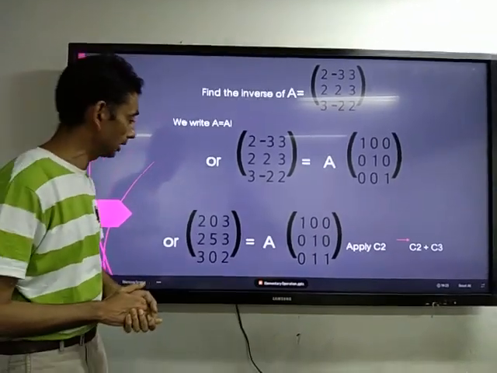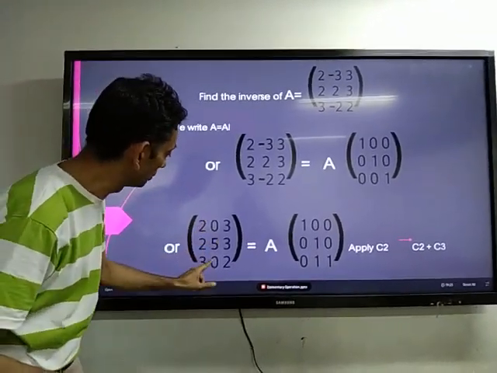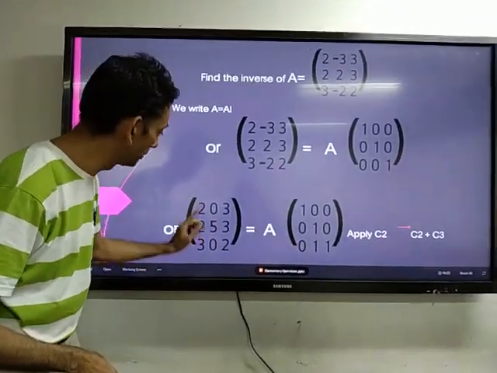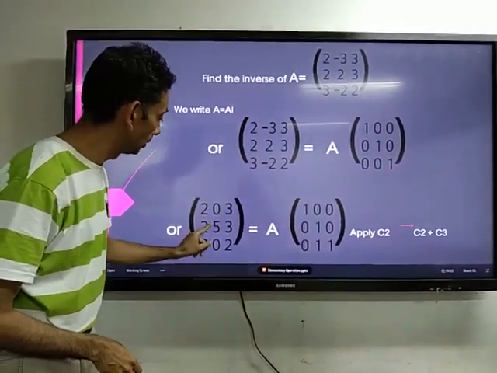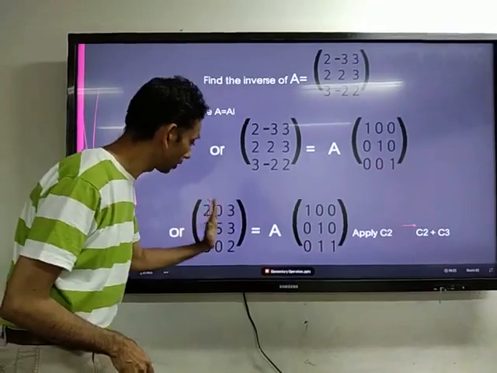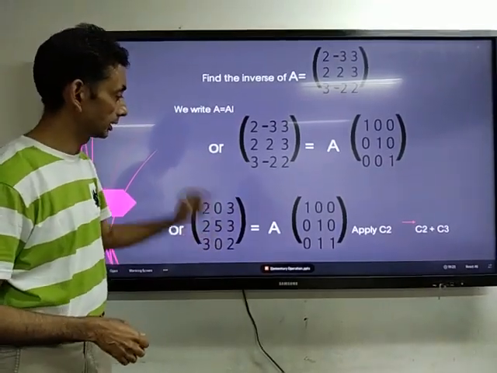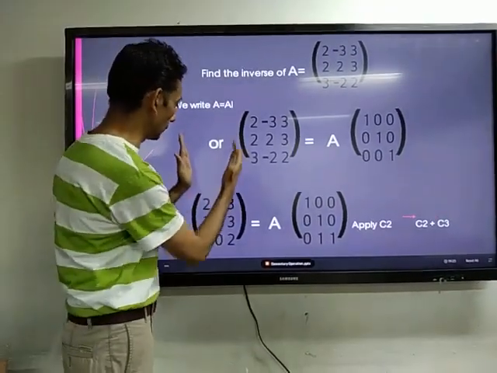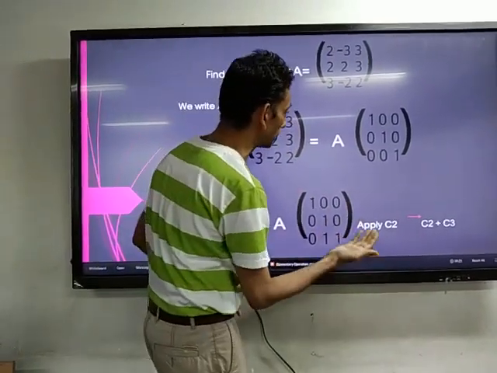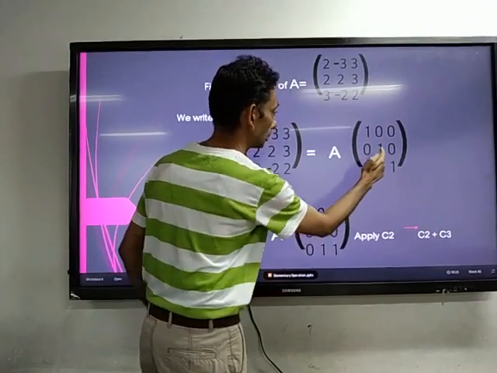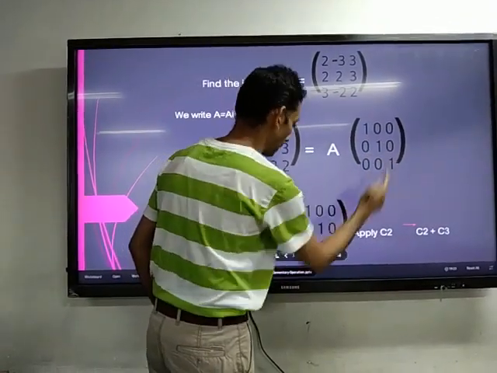Probably it's coming to your mind: column 2, if you divide by 5, you get 0, 1, 0, and I know the second column has to be 0, 1, 0. The same rule applies on the right hand side: you are adding column 2 and column 3 there also. 0 plus 0 is 0, 1 plus 0 is 1, and 0 plus 1 is 1.